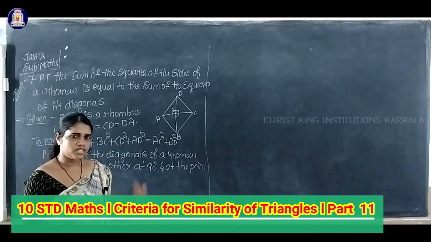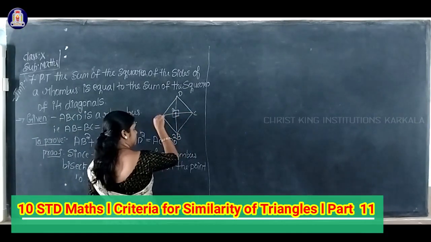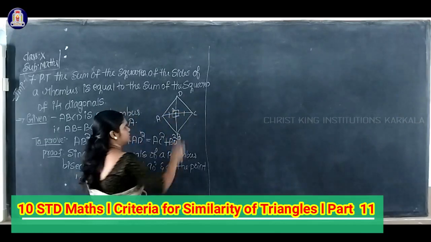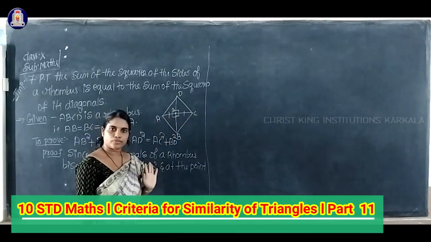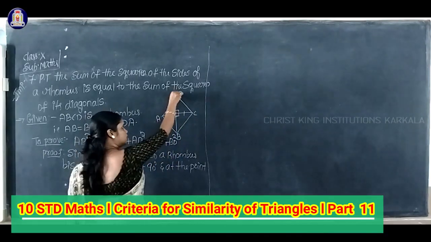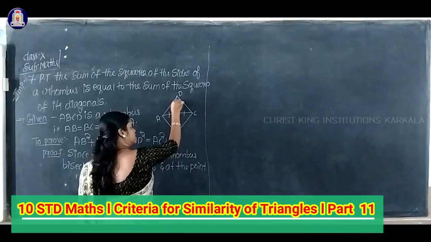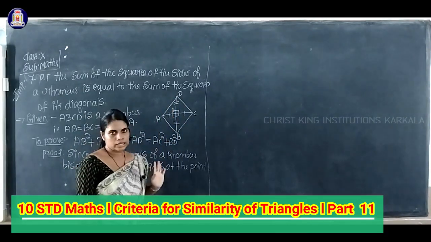What is the meaning of bisecting each other? It means the diagonal AC will divide into two equal parts. That means the length of AO equals the length of OC. Also the diagonal BD will divide into two equal parts. That means the length of BO equals the length of DO.